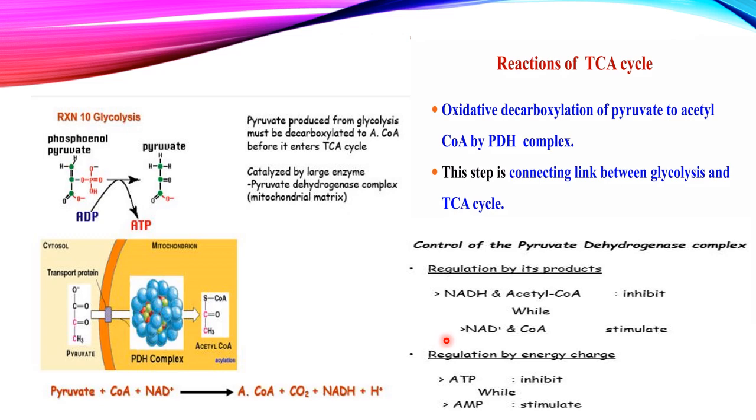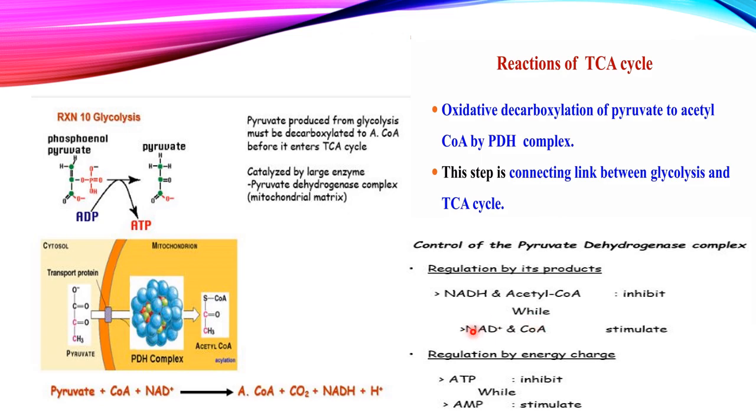Therefore, what are the indicators of the energy deficit state of the cell? NAD plus, the oxidized form of NADH, CoA is rich and AMP is rich. Adenine monophosphate is high in concentration, NAD plus is high in concentration, CoA is high in concentration.